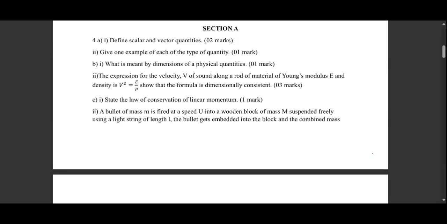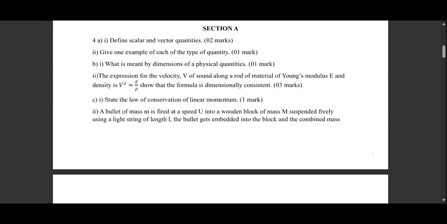Among the examples of scalar quantities, we have distance, speed, time, and mass of a body. Then examples of vector quantities, we have velocity, displacement, acceleration, force, and momentum. All those are examples of vector quantities.